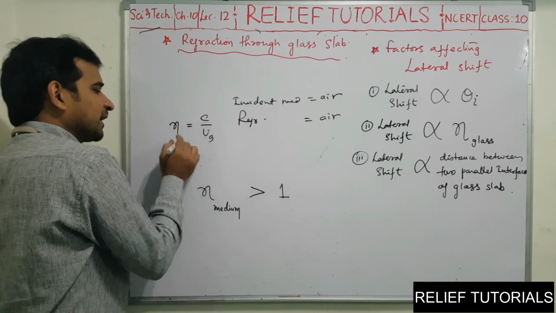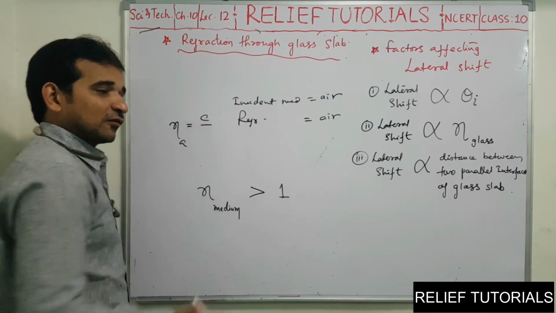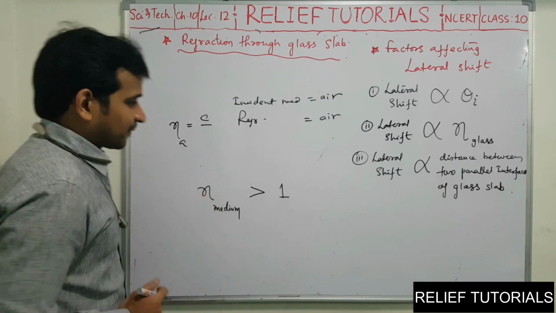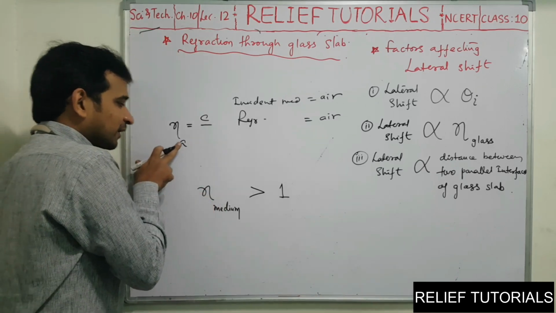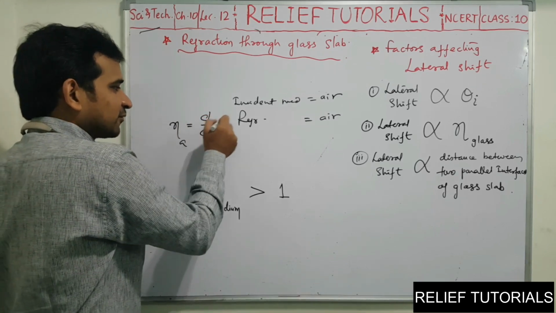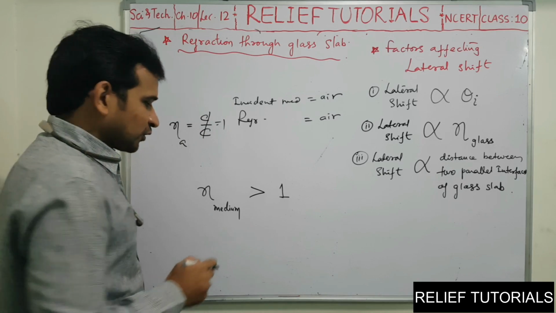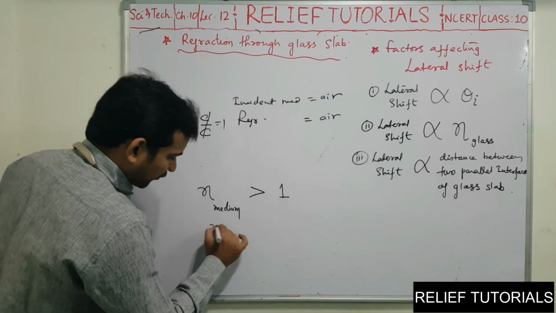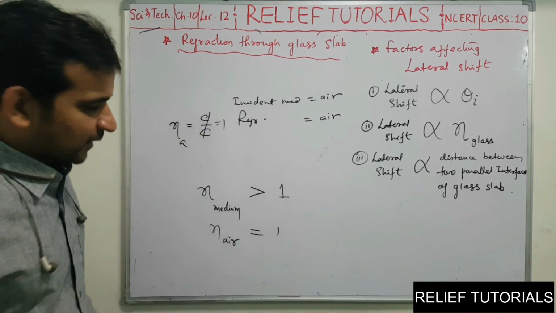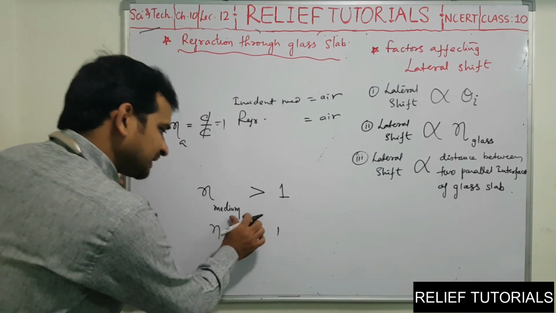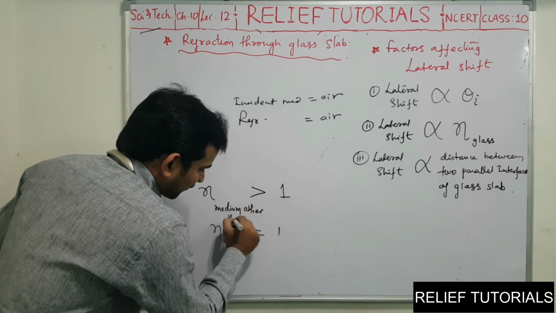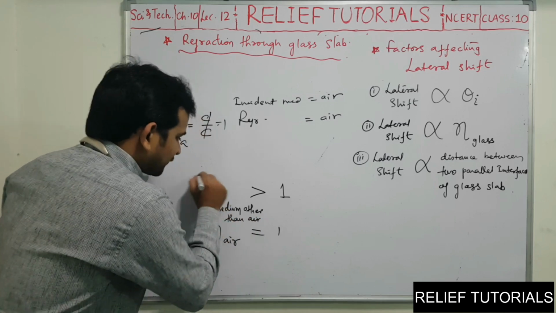But if I say here is air again, I am asking the absolute refractive index of air. So absolute refractive index of air means C by C, and C by C is 1. So absolute refractive index of air is always 1, and the absolute refractive index of any medium other than air is always more than 1.